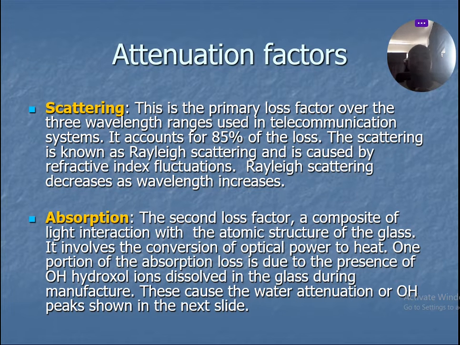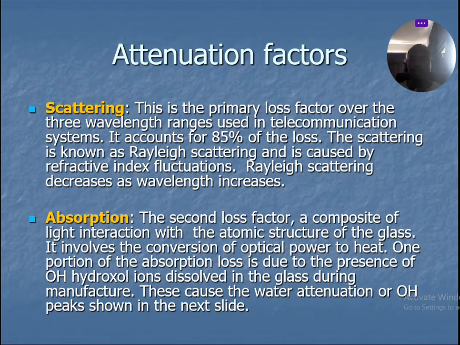So it's the main factor of all of them, over the wavelength ranges used in telecommunication today. It accounts for about 85% of the entire loss, right? Scattering is also known as Rayleigh scattering. You've studied this in physics. It's caused by refractive index fluctuations.